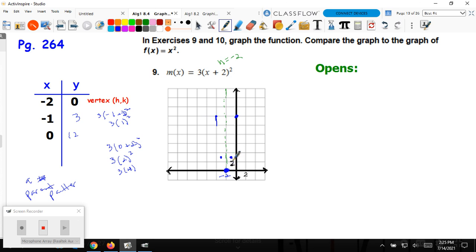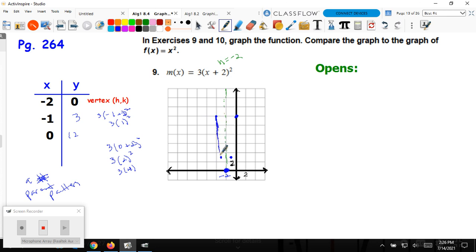I could go 2 this way. 2 squared is 4. Multiply it by the A number, 3. And 4 times 3 is 12. And that just tells me the same thing as what I'm getting over here. Or I could remember this A number pattern I talked about. And this is my own kind of thing that I just figured out, that it just seems like it makes sense. You could just do that pattern to get some points here.